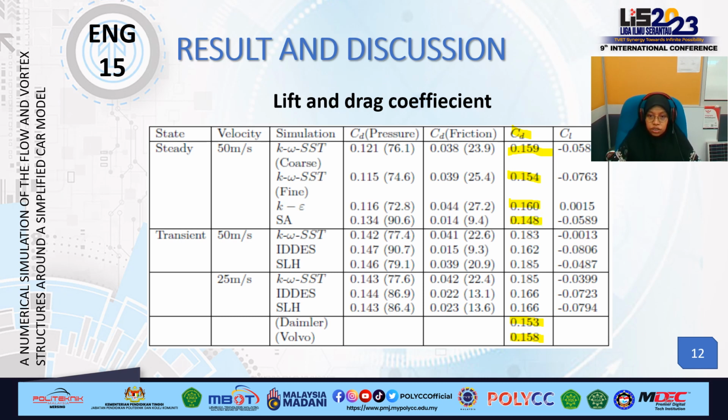However, it's not very accurate because it's a steady state. And then in transient state, we can see for 50 meters per second, the IDDES gives the best result, and for 25 meters per second, the IDDES and SLH give the best result near the Daimler and Volvo.